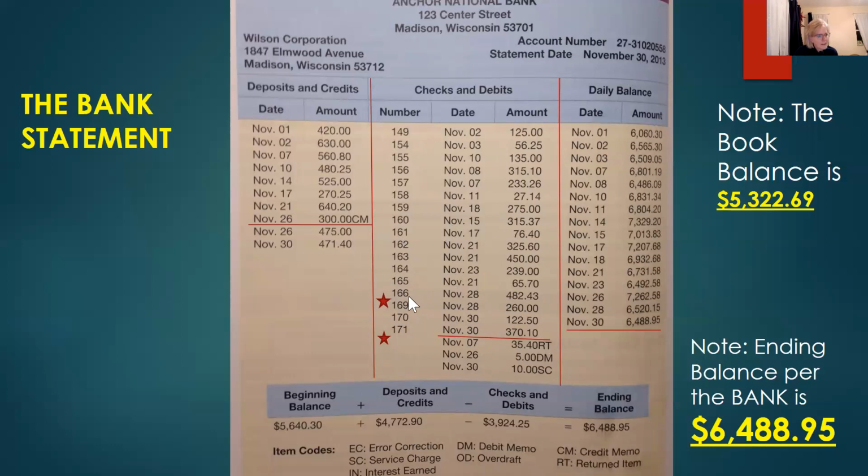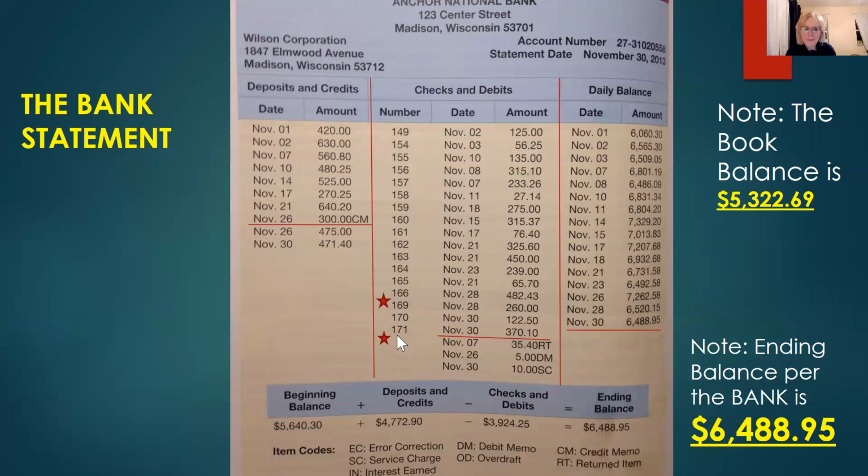The 167 and 168 are missing, so they haven't cleared the bank yet. Maybe that supplier, that vendor hasn't deposited it yet. And then you always look at the last check and you say, that's the one that cleared the bank, but did we write any more checks by November 30th that we need to account for? And the answer is yes, we did. So we'll take those into account.